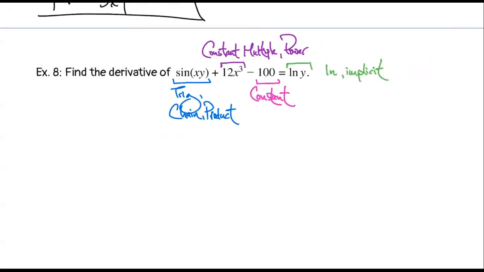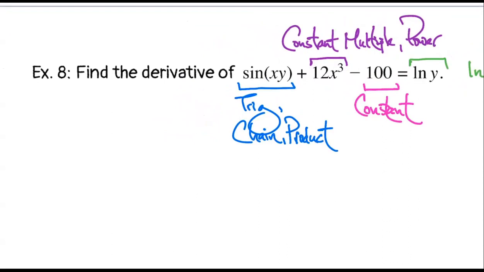So let's set up our product part for this blue one. U equals x, V equals y. Du should equal 1, while dv, because y is a function, is going to be y prime.